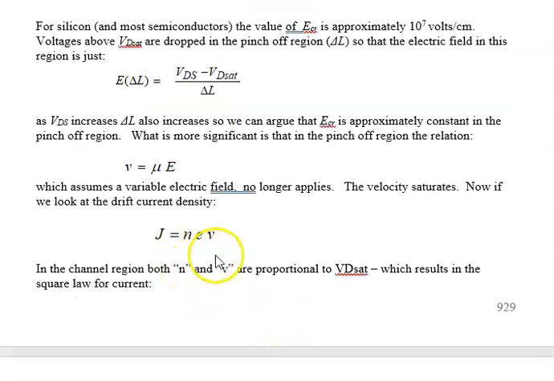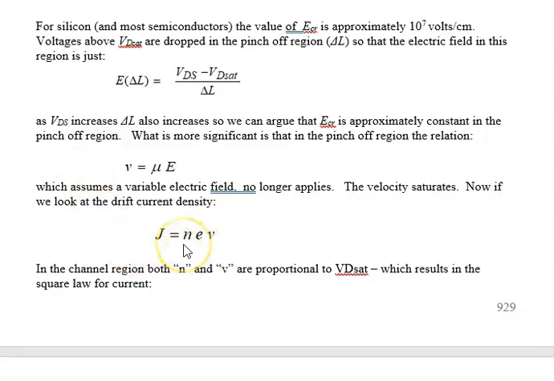Now, this guy looks very innocent, but what it does is this requires that I have a square law dependence. And the reason is that N and V, of course E is a constant, both N and V are both proportional to VD sat. And that's what results in the square law.